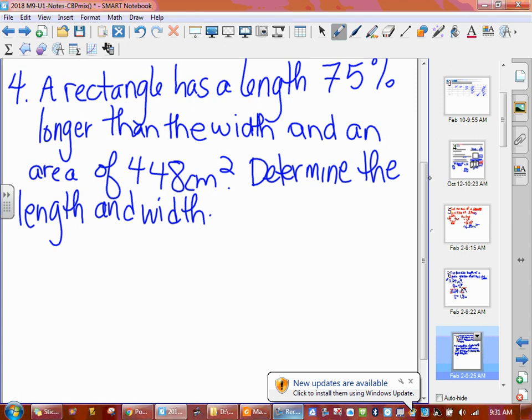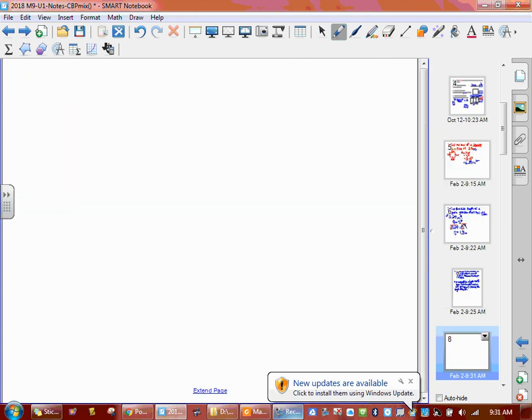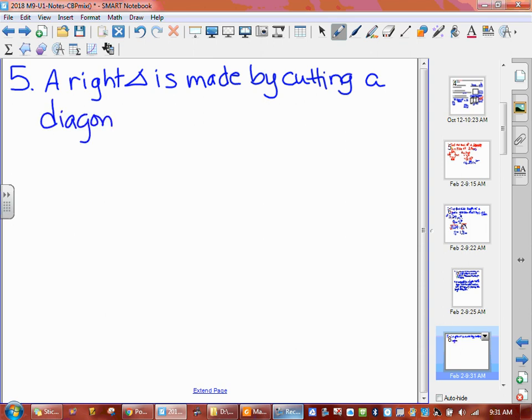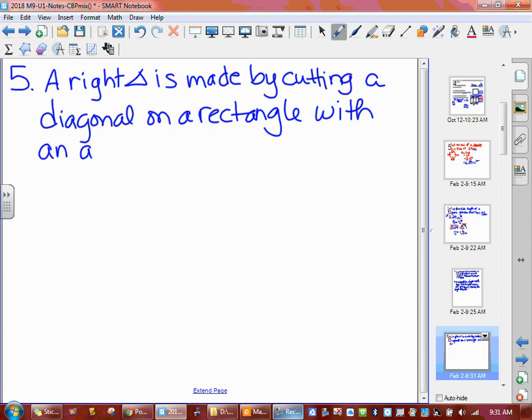Number 5. A right triangle is made by cutting a diagonal on a rectangle, with an area of 338 meters squared. Okay, so that's the rectangle's area.